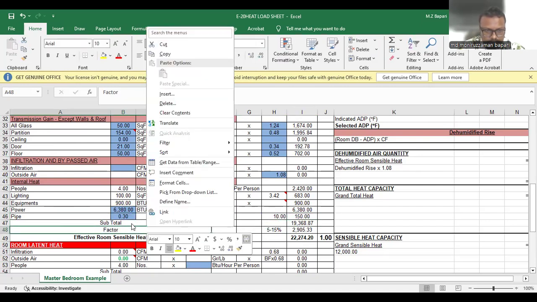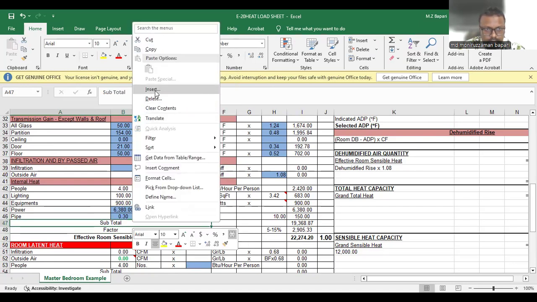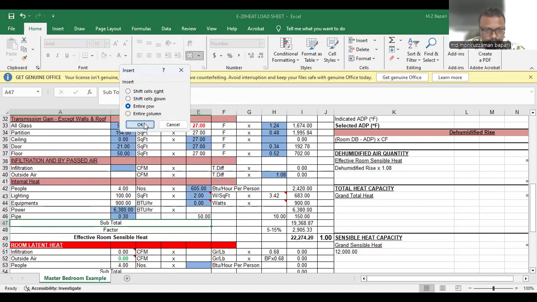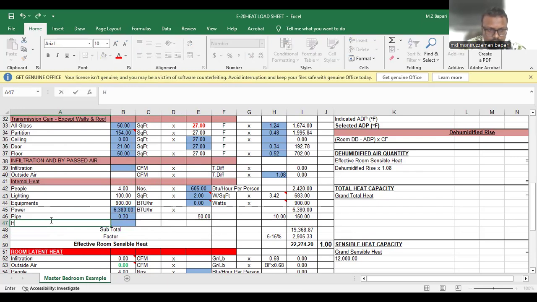And then we have the hot surface. For the hot surface, what you got is 1.3 BTU per hour per square feet per degree Fahrenheit. So you're going to use that in here, 1.3.